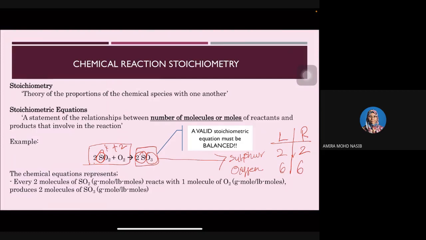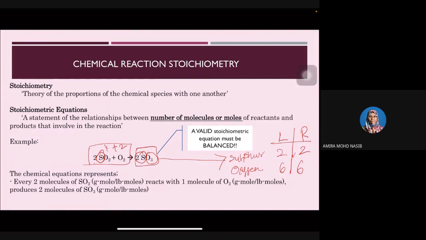Every time you encounter questions that involve any reaction, please recheck the chemical equation. You have to ensure the chemical equation is balanced between left and right. If the stoichiometric equation is not balanced, your answer will be wrong. Please bear in mind.